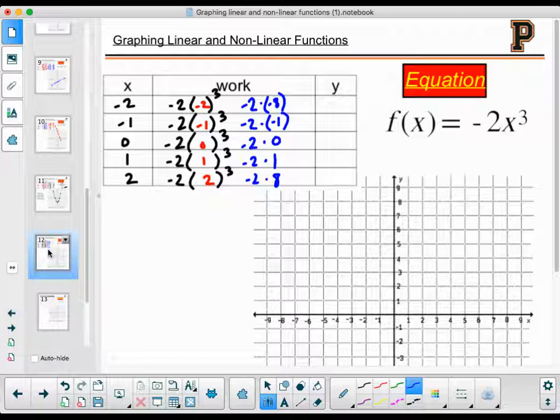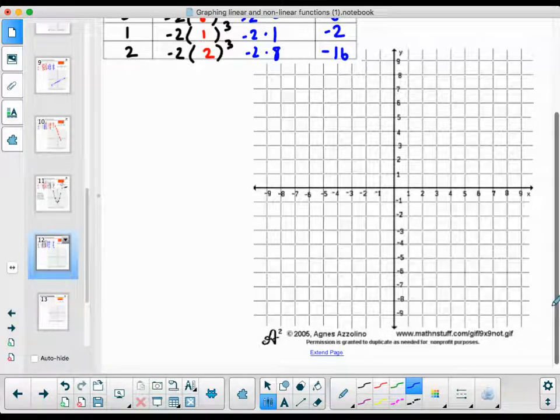So when we do the math on this, -2 times -8 is 16. -2 times -1 is 2. -2 times 0 is 0. -2 times 1 is -2. -2 times 8 is -16. Now, if you need to, you can always switch the values of your y's.